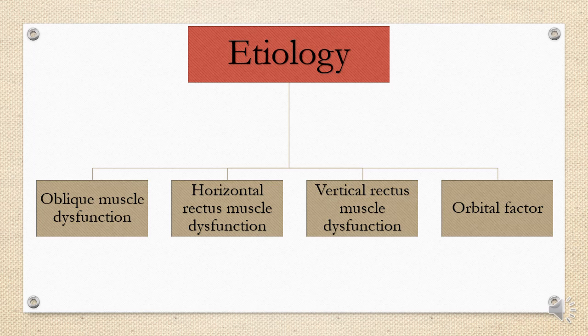That V pattern could be either an exotropia or an esotropia. That is one of the points of orbital factors. Also, patients having upward or downward slanting of the palpebral fissure may show an AV pattern squint. So if there is a slanting of the palpebral fissure, that could also lead to an AV pattern squint.